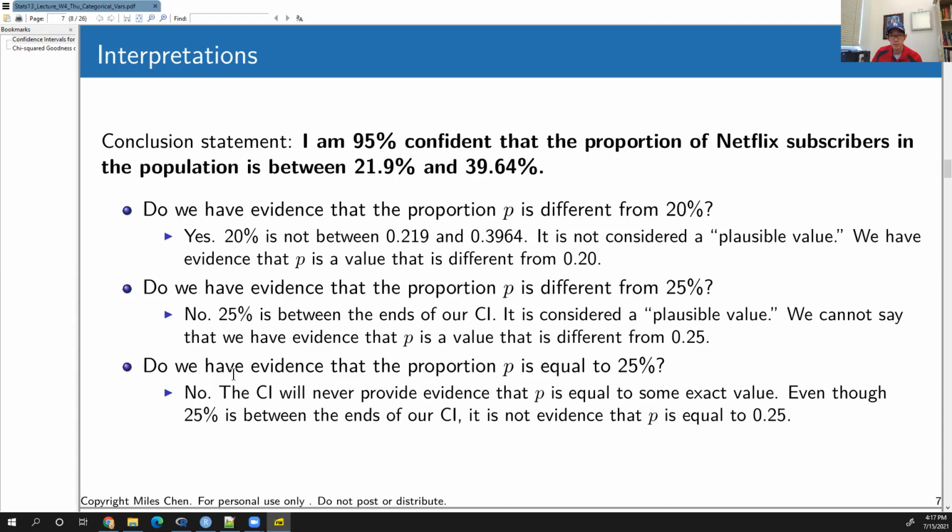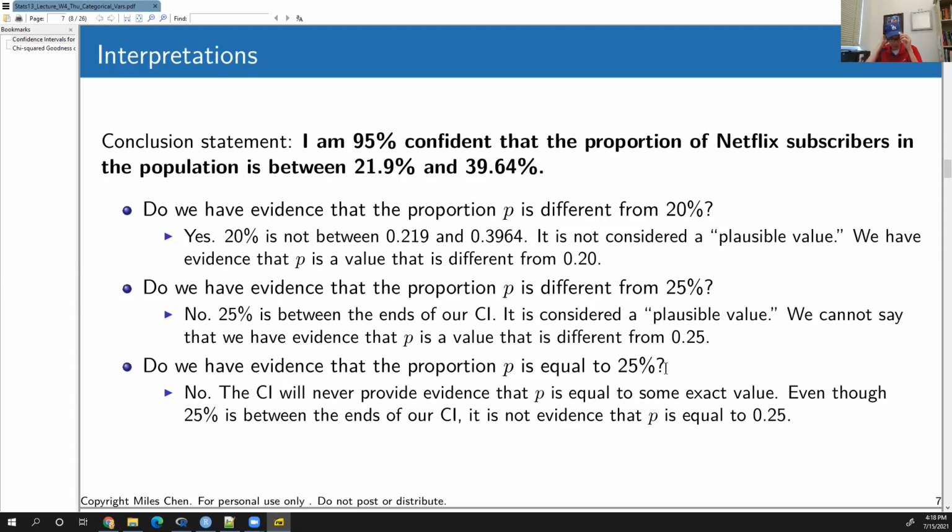Okay, and going along with that, do we have evidence that the proportion is equal to 25%? Okay, so saying that we don't have evidence that it's different is not the same thing as having evidence that it is equal. Confidence intervals can only provide a range of plausible values, and we can never say the confidence interval provides evidence that the proportion is exactly equal to some particular number.